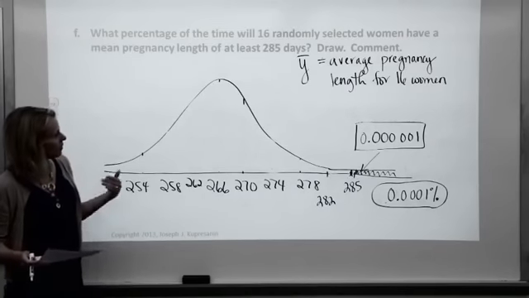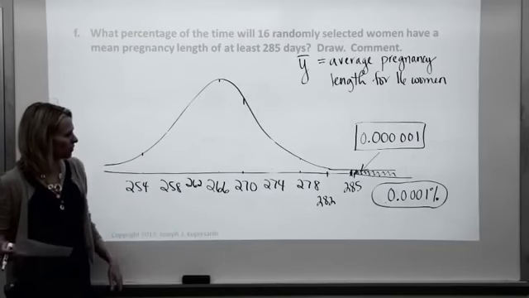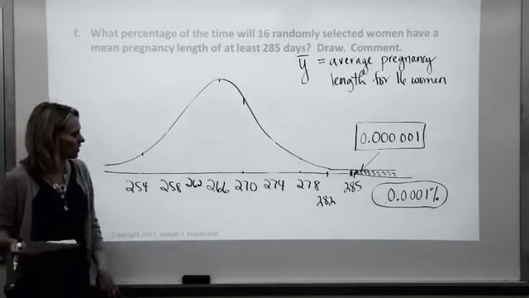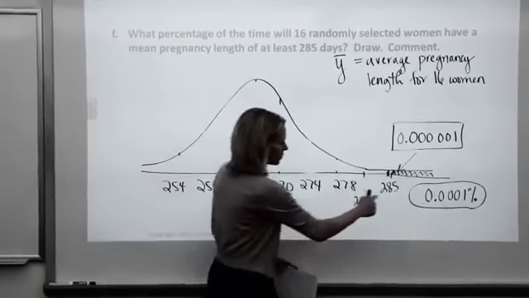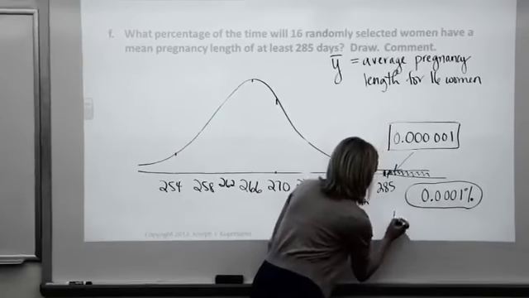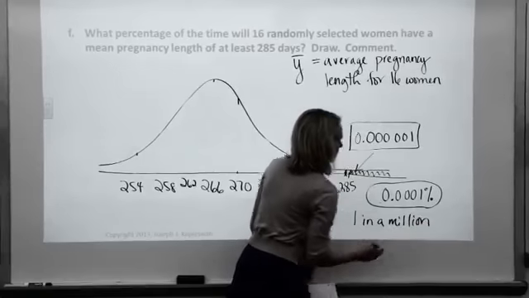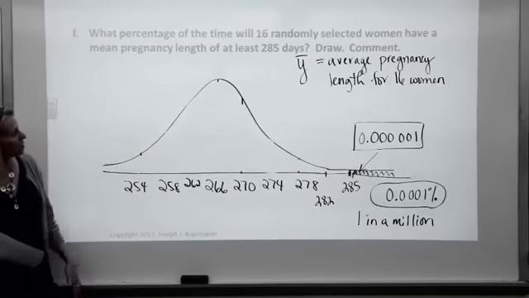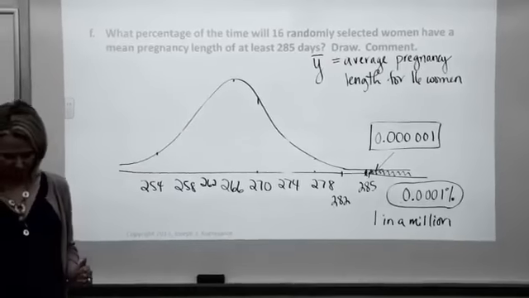Almost everybody, all 16 of those women would have to be well past term for that to happen too. That would be an extraordinarily unusual event for this to happen. If you were to think about what this is here, this is actually 1 in a million chance of this happening. So not very likely that that's ever going to occur.